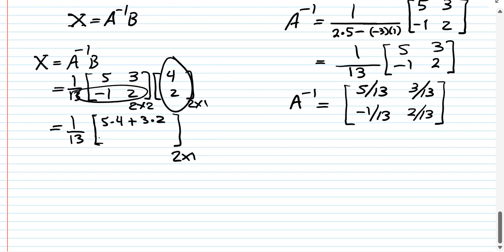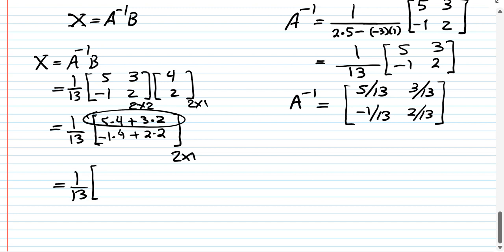So we do negative 1 times 4 plus 2 times 2. And this is going to give us the final answer, 1/13 of the product. The arithmetic: 5 times 4 is 20 plus 6 is 26. And the bottom, second row, negative 4 plus 4 is going to be 0.